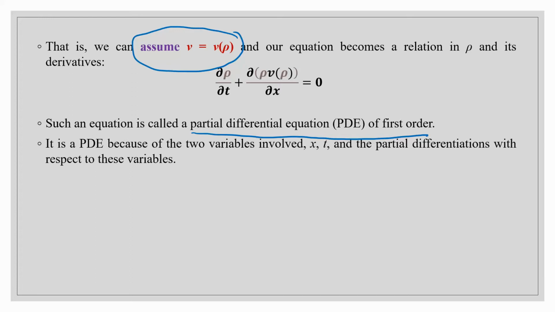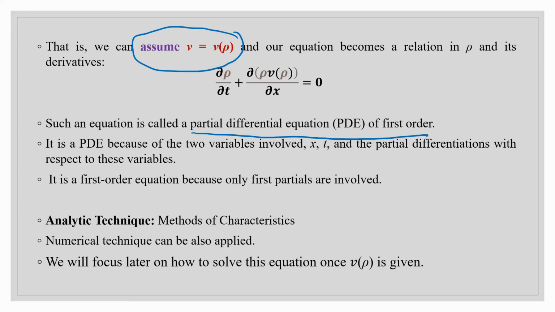And this is first order. Why is this first order? Because both the derivatives involved are first order. And if you talk about its analytic solution, it can be solved by the method of characteristics. But when you increase the order, it is not applicable.